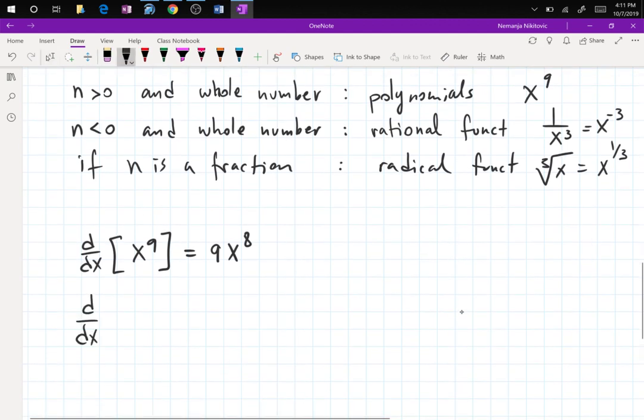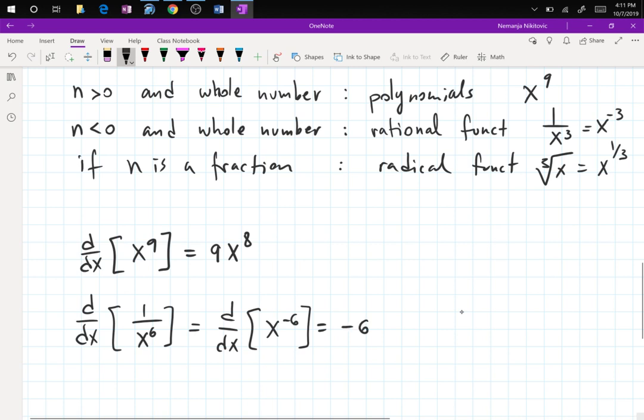Let's say there is 1 over x to the 6. You rewrite that using algebra as x to the minus 6, and then you apply the same formula. Drop down the n, and then subtract 1.